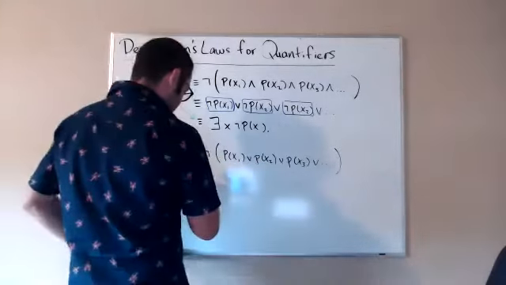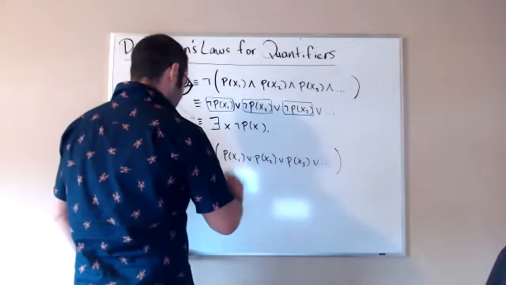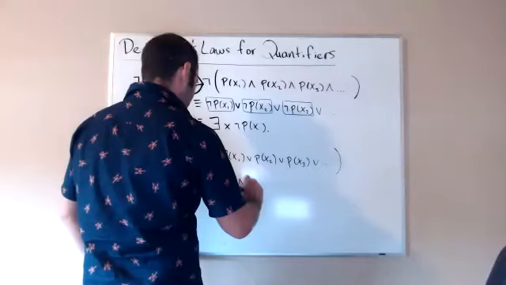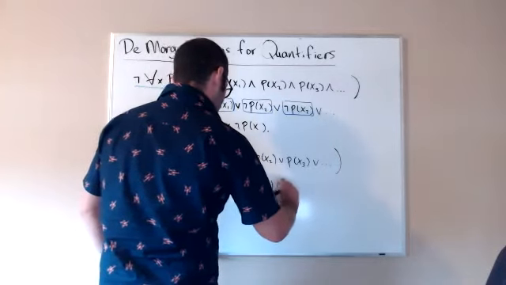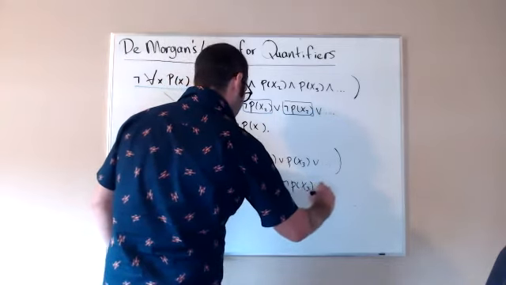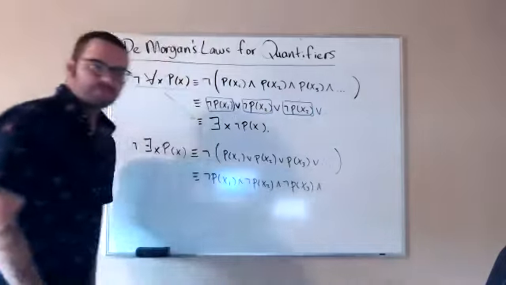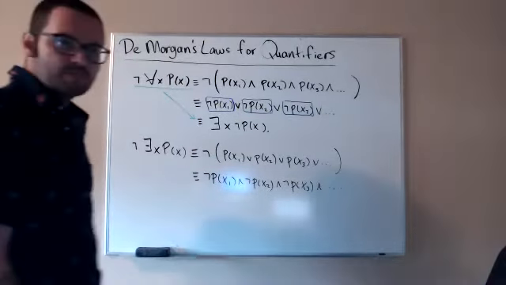So what we get is that this is going to be not P of x1 and not P of x2 and not P of x3 and ... off to infinity. There are however many elements in the domain.